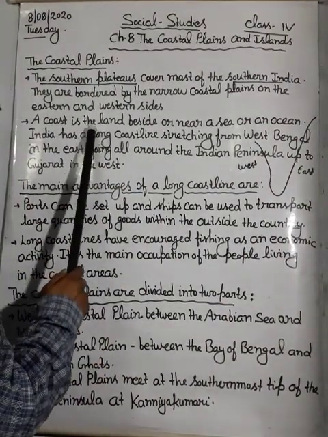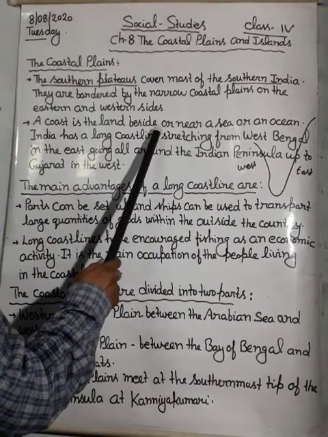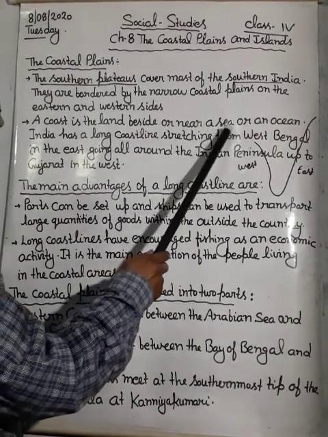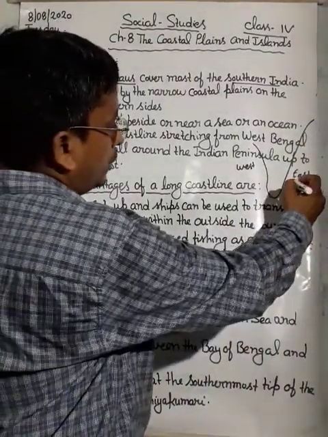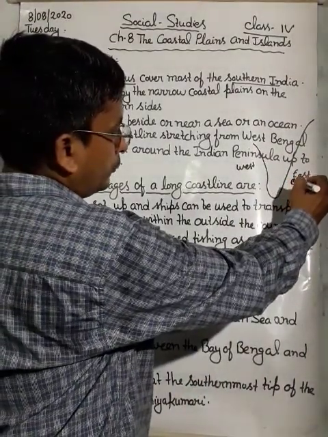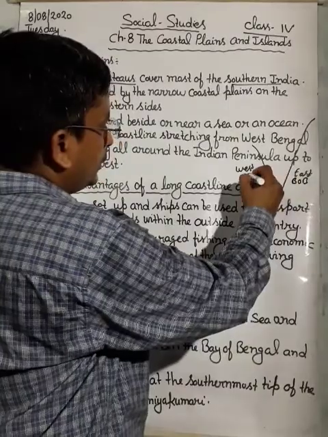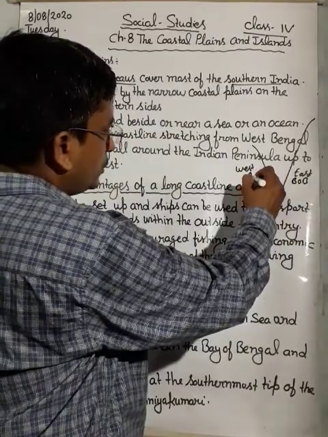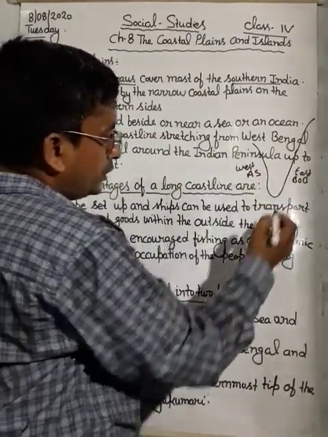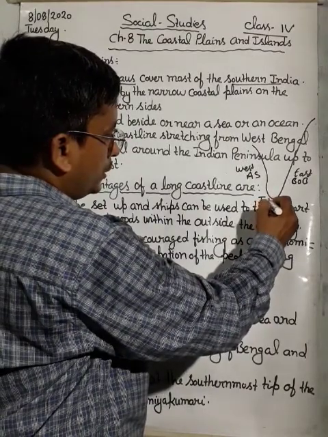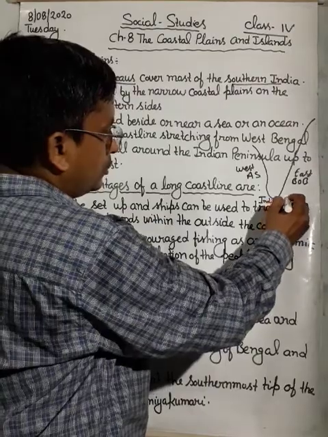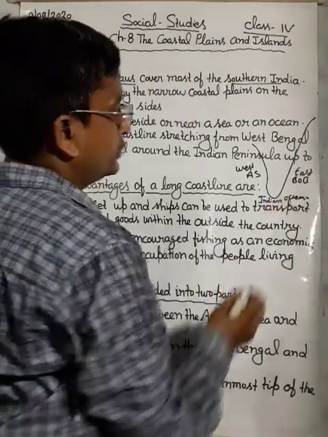A coast is the land beside or near a sea or an ocean. Dear student, in the east, Bay of Bengal is there. In the west, Arabian Sea is there, and in the south, Indian Ocean is there.